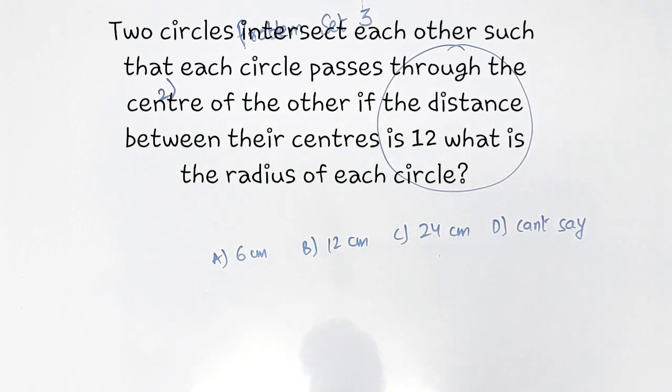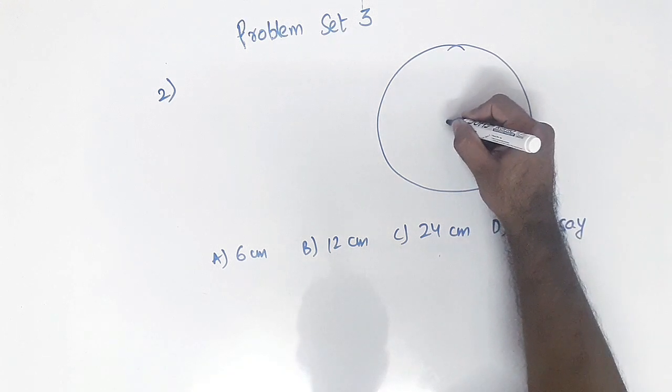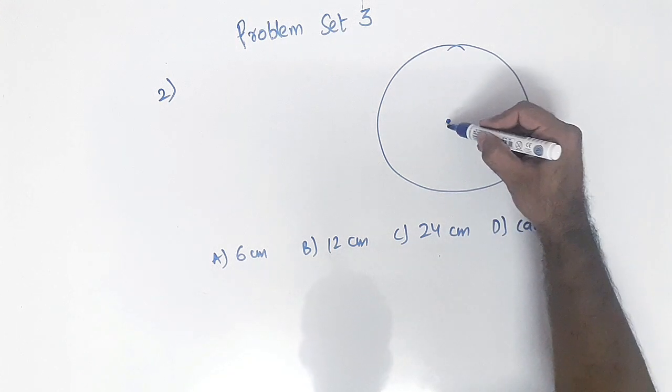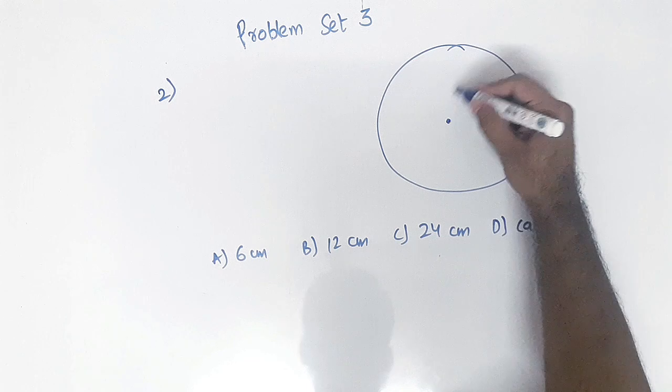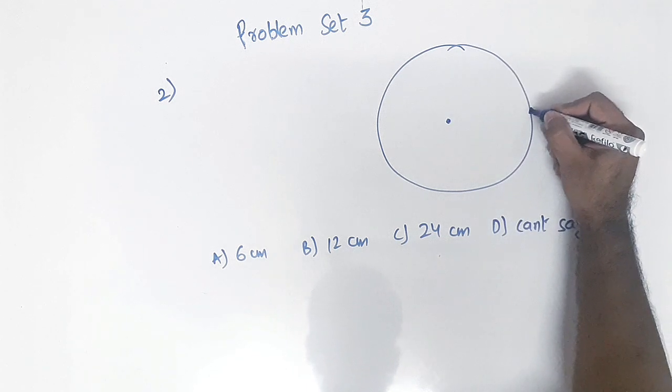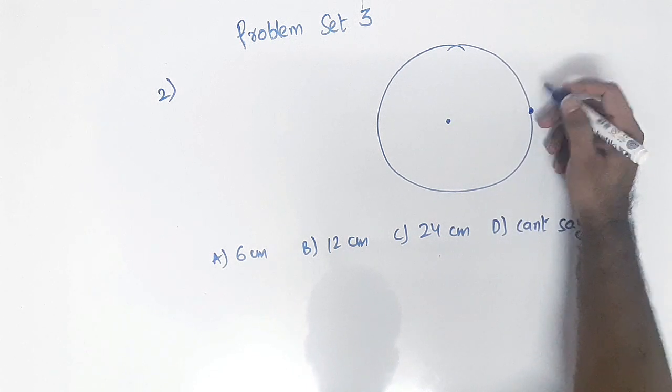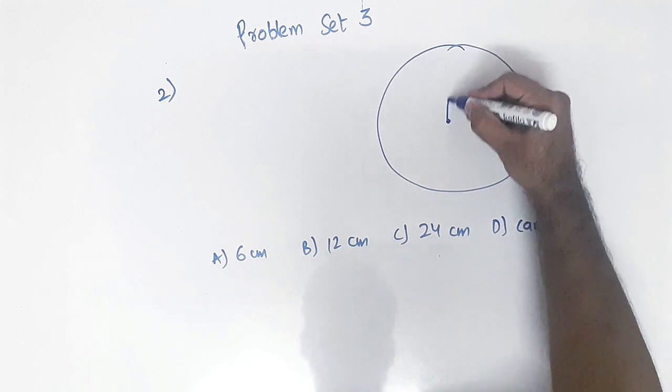Two circles are passing through the center of each other. So it means the second circle I'll be drawing will be passing through here, and this is the center of the other circle.